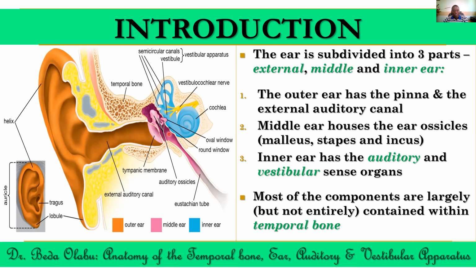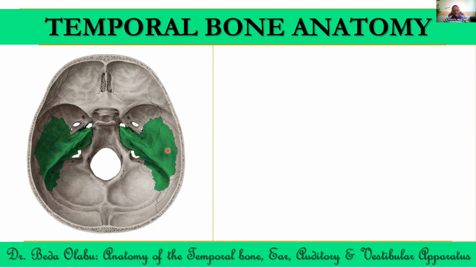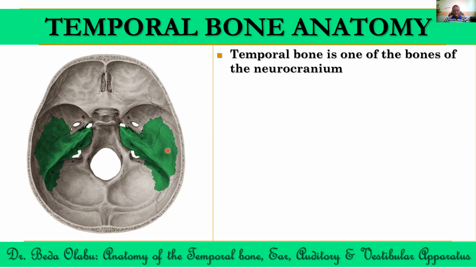Among all the bones of the skull, I find the temporal bone perhaps the most complex of them all. Despite that complexity, I'll try to make it simpler for you so that you understand the anatomy of the ear. We know that the temporal bone is part of the bones of the neurocranium.